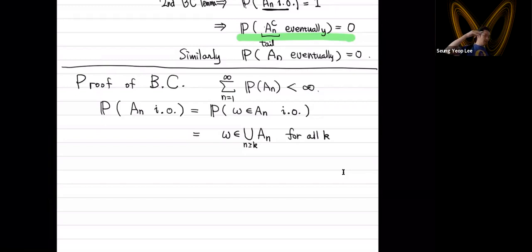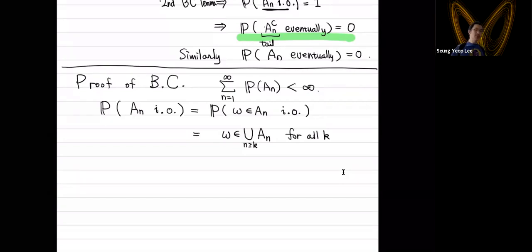If omega belongs to that union, it must appear in some A_n for n larger than a billion. So if this is true for any k, it exactly means the same statement. So this is the same statement, and I can change the expression.